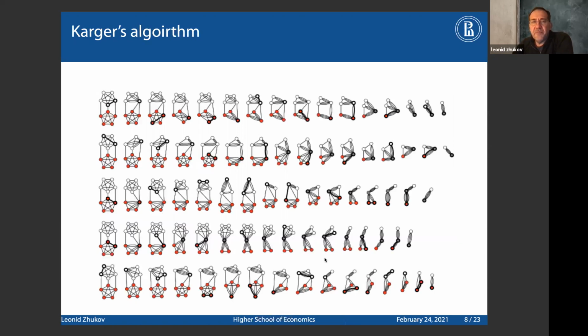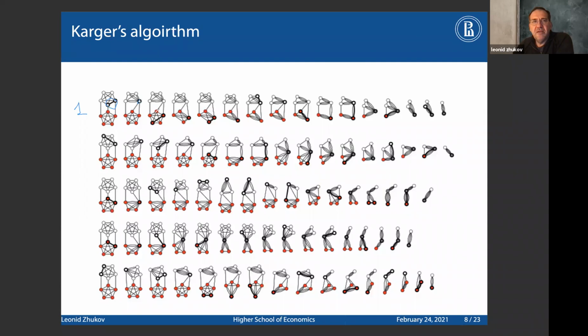So what does it look like in practice? Here is an example, which I borrowed from Wikipedia. Notice it's randomized, and each row is its own separate run of the algorithm. You randomize here, and you start contracting. This is the first contraction.